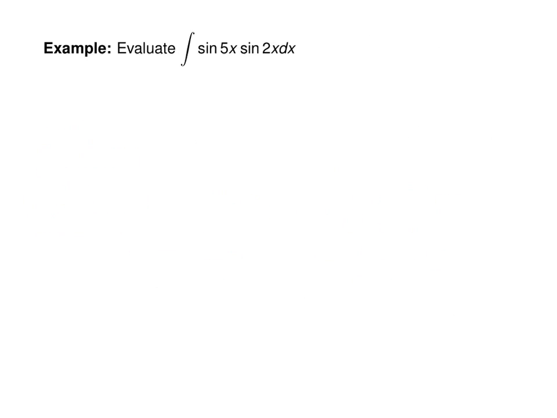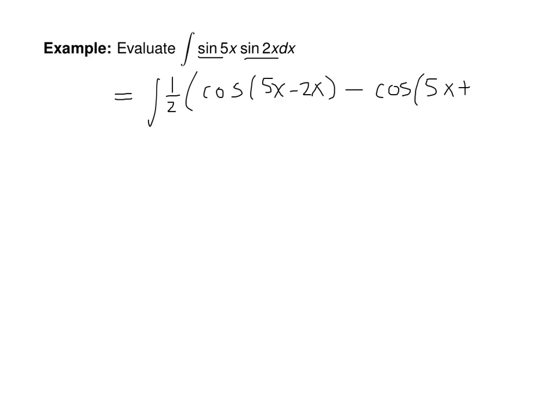Now to evaluate sine of 5x times sine of 2x, we are going to use the sum difference formulas that were given on your previous set of notes. So if you have sine of a times sine of b, this will equal the integral of 1/2 times cosine of a minus b, so cosine of 5x minus 2x, minus cosine of 5x plus 2x.